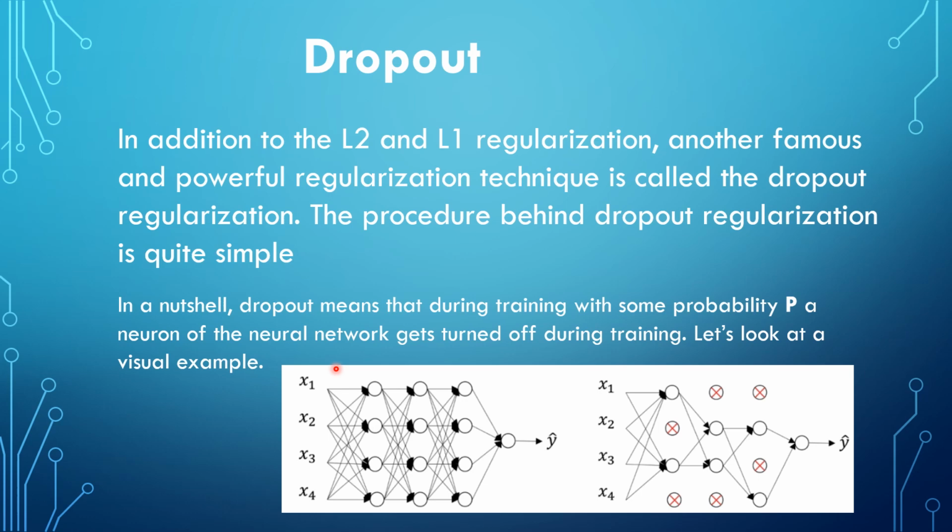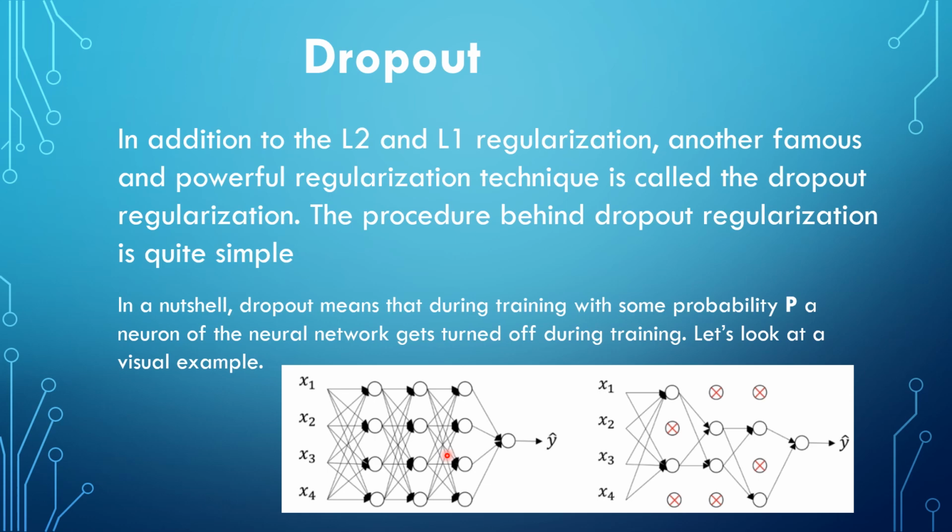Assume on the left side we have a feed forward neural network with no dropout. Using dropout with, let's say, a probability p equal to 0.5, that a random neuron gets turned off during training would result in the neural network on the right side. In this case, you can observe that approximately half of the neurons are not active and are not considered as a part of the neural network.